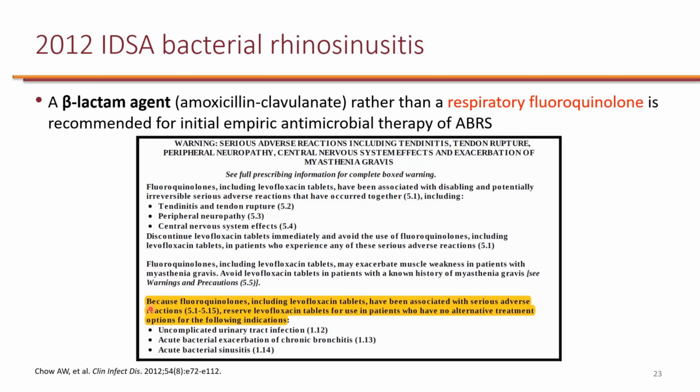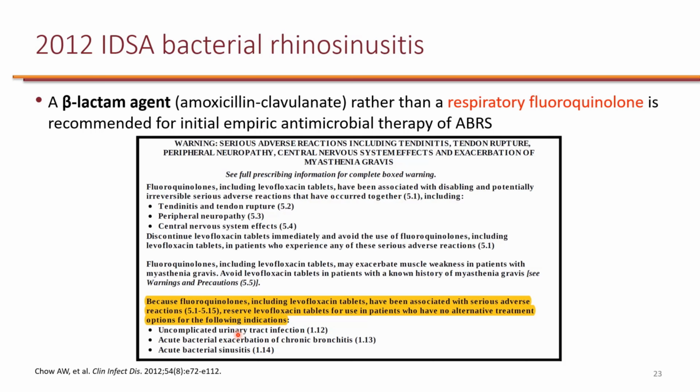And more specifically, the FDA said because fluoroquinolones, including levofloxacin, have been associated with serious adverse reactions, which are listed above, you should reserve levofloxacin for use in patients who have no alternative treatment options for the following indications. So that includes urinary tract infections.